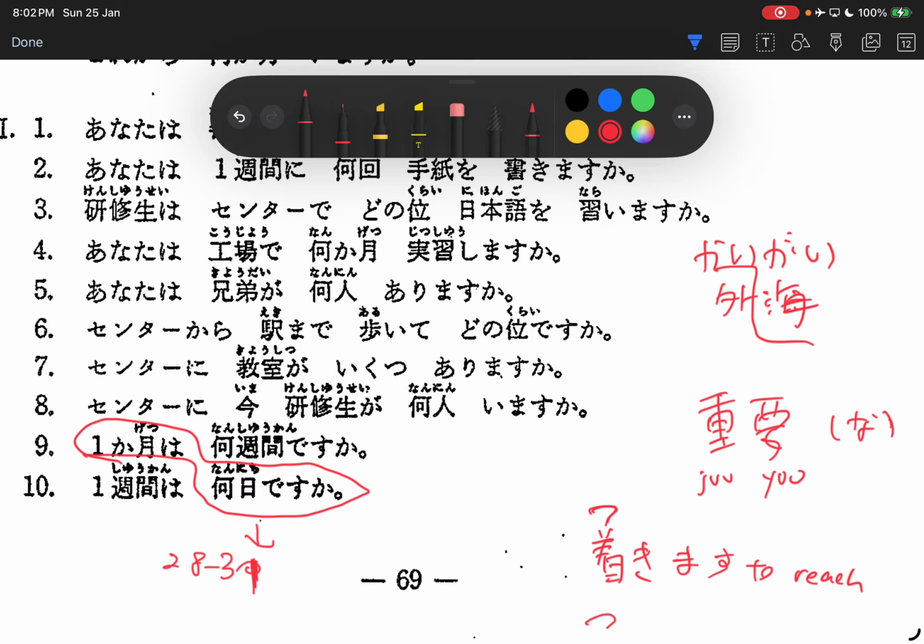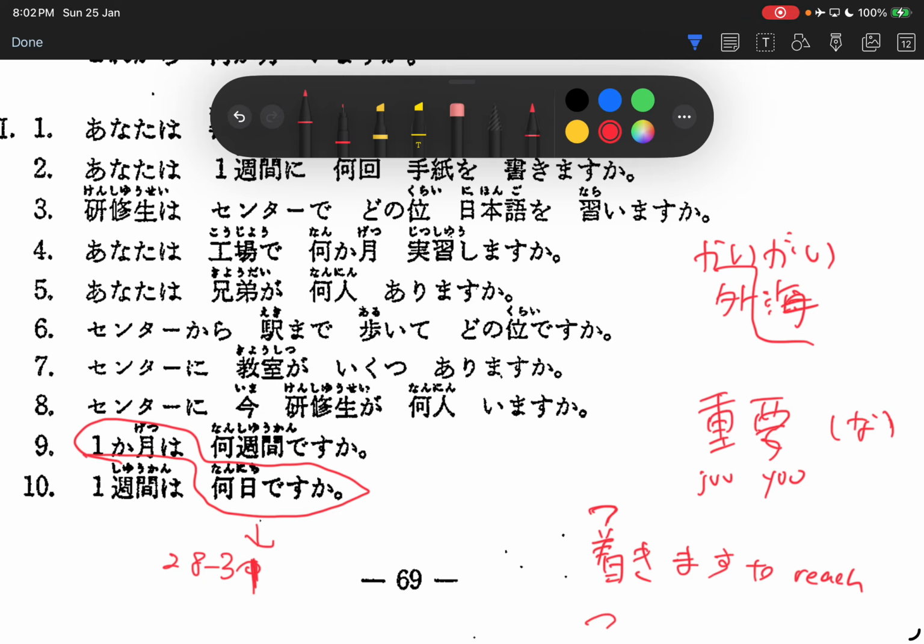So 1ヶ月に28日から31日まで or 31日ぐらいあります。So why can we change ぐらい with まで? Because like from 28 days to about 31 days, something like that. So I'm just adding a certainty here. If you're very sure, then you don't need to put the ぐらい. Up to you. Okay? So this is how we say there are 28 days to 31 days.